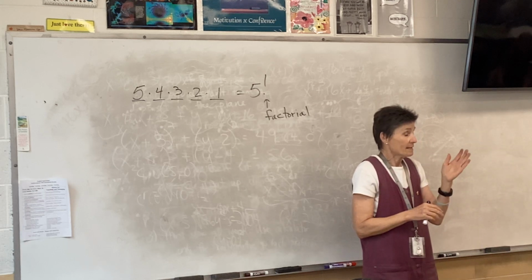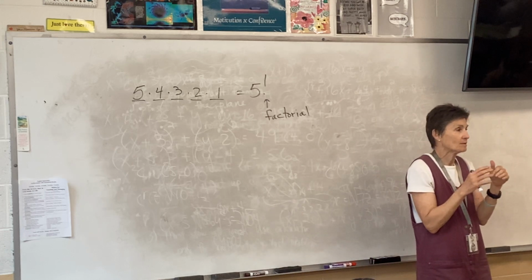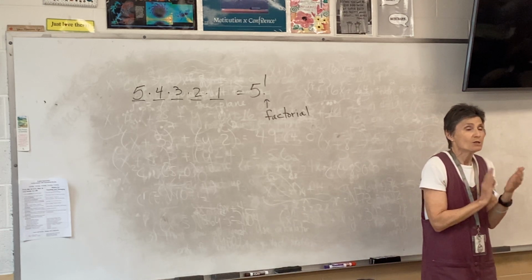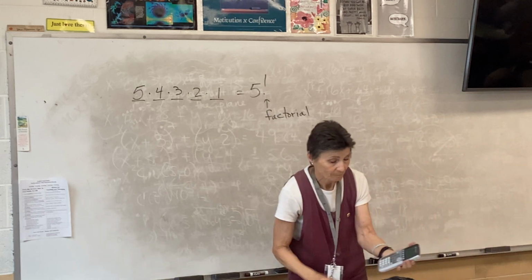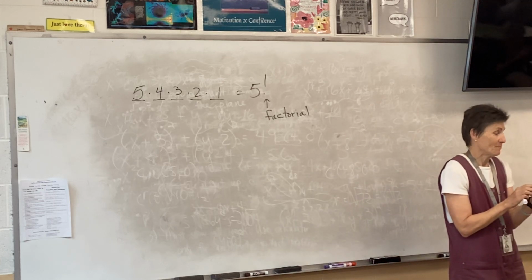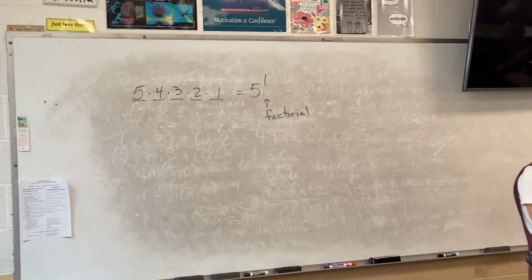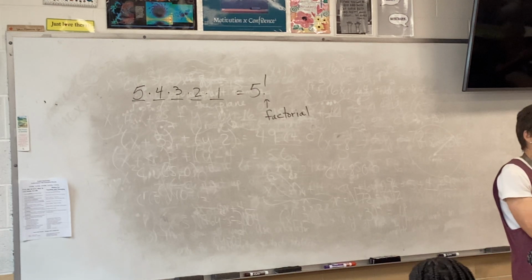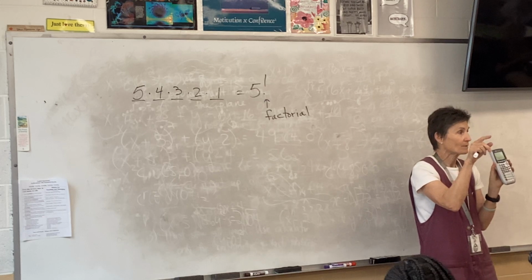Now, luckily, your calculator will do this for you without having to put in all the numbers. So go ahead and get your calculator out. Press math. Now, go across, press math, just a regular math button. Then go across the top till you get to probability, PRB.